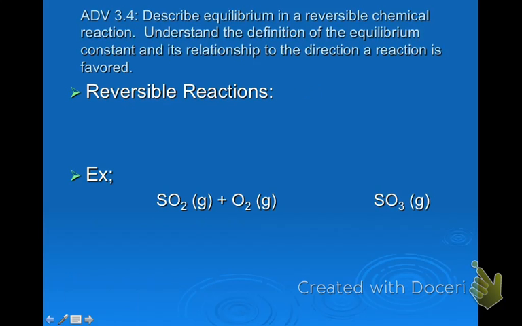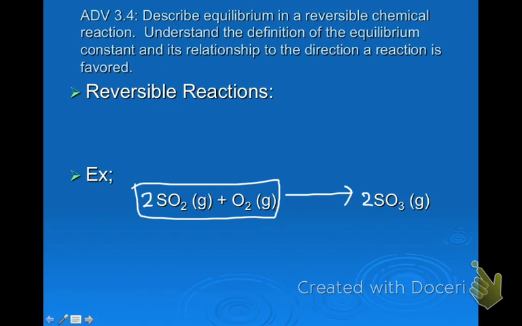So what happens is that, yes, some SO2 and O2 mix together, and this is not balanced, it's going to drive me nuts, 2 and 2. Molecules of SO2 and O2 mix together, and will make SO3. But as soon as SO3 is present, because you're going to start that reaction with no SO3, you're going to start it with just those two things.